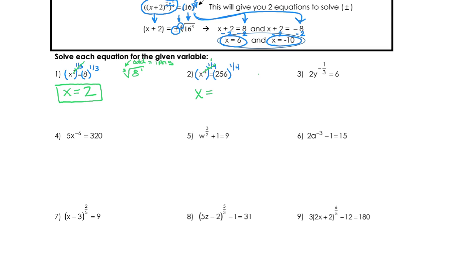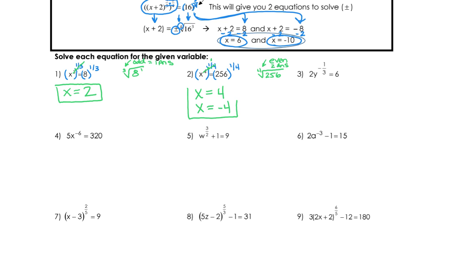Or we could do some side work, where 4 would go in the crack and 256 to the first power would go underneath. But right here, because that's an even root, that's going to indicate 2 answers. And so when we take the fourth root of 256 or raise it to the 1/4, we're going to have our 2 answers of positive 4 and negative 4.